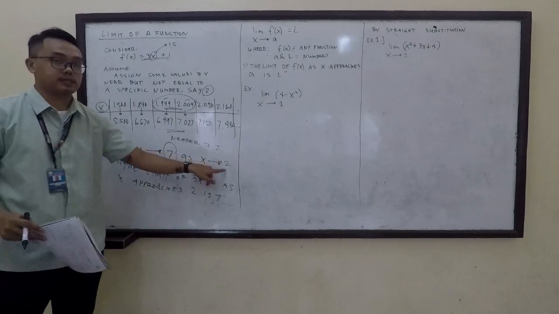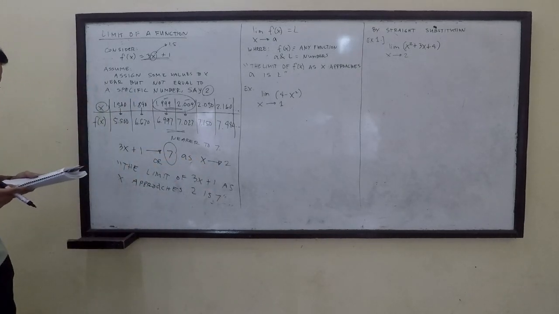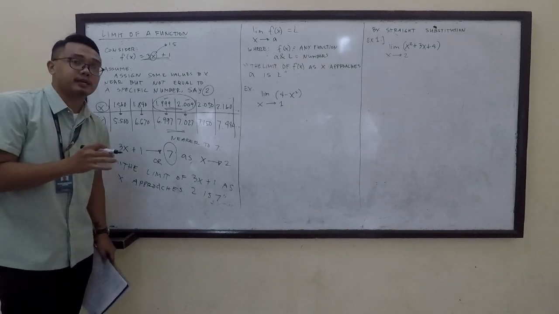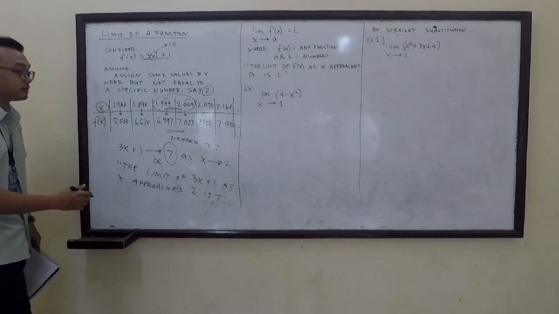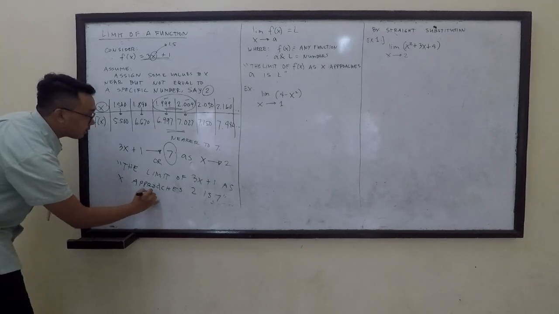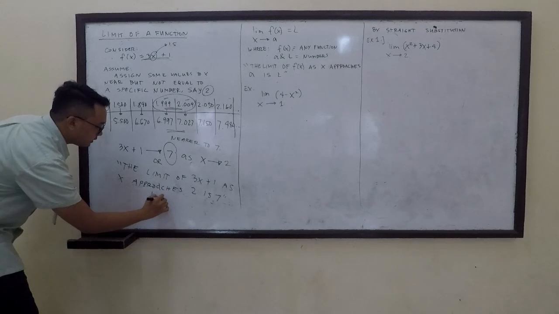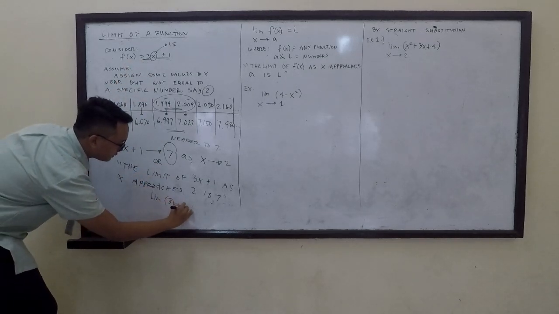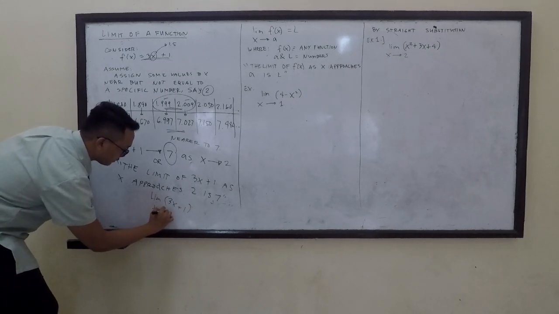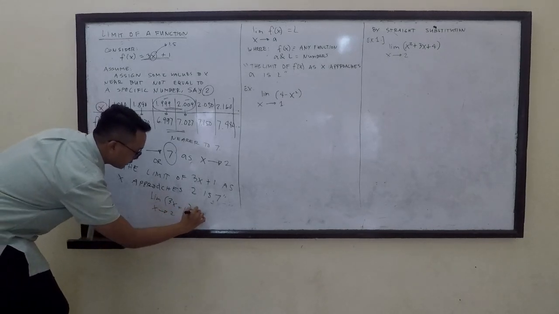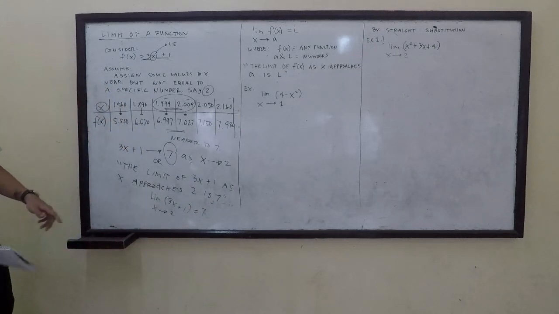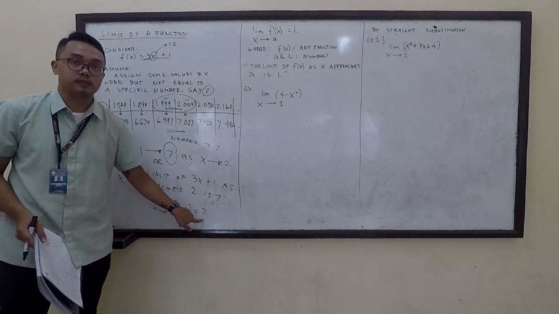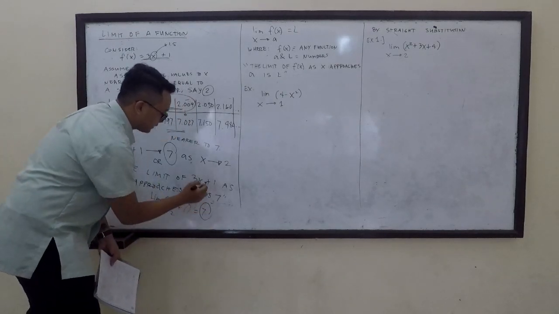And for a more compact and more mathematical way, we write the limit of the function 3x plus 1 as x approaches 2 is equal to 7. So the limit of 3x plus 1 as x approaches 2 is equal to 7. So this is our answer.